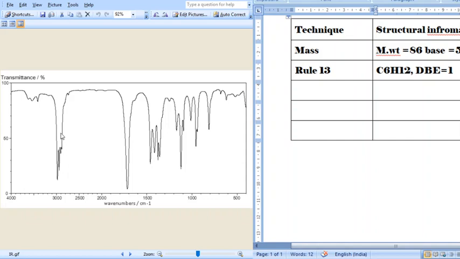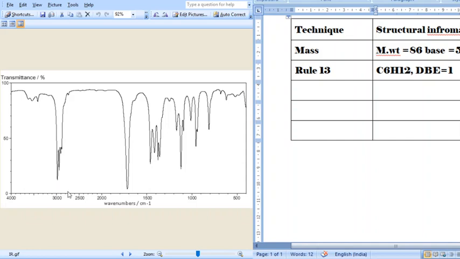In this, carboxylic acid OH is usually broad, and the peak here is sharp, and therefore carboxylic acid is not present. And aromatic CH is usually above 3000, but the peak is below 3000, and therefore this CH would be because of the sp3 carbon CH stretching.